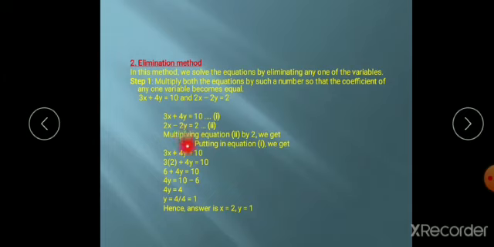How is it possible to make them equal? You have to make equal either the x coefficient or the y coefficient. For that, you have to multiply either the first equation by 2 or the second equation by 3. Or for y, to make the same coefficients, 4 and 2 are there.